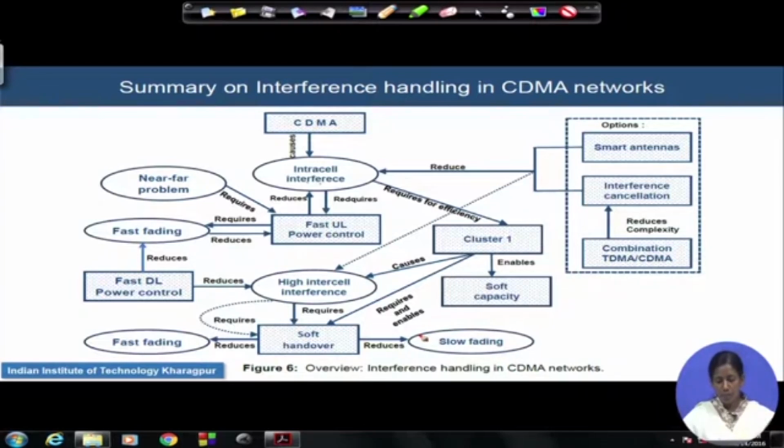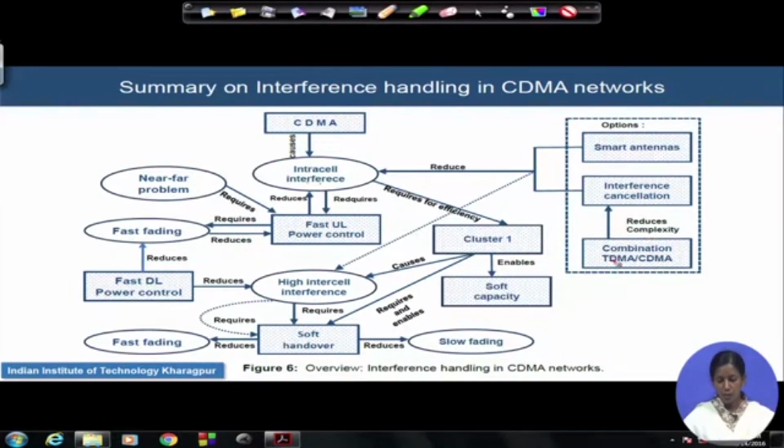And now remember, we have several options to handle the intracell interference, like the combination of TDMA and CDMA, interference cancellation schemes by multi-user detector receivers, and we have learnt about the smart antenna techniques. All of them combined can help us reduce the intracell interference.